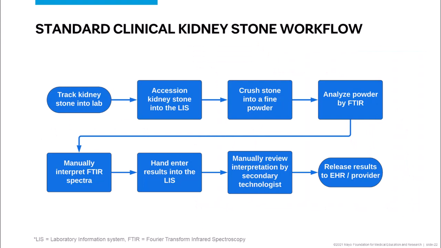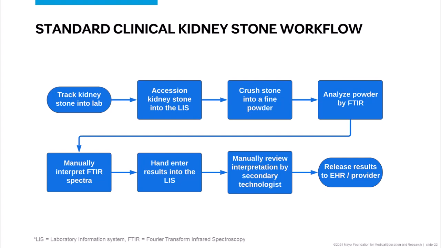So one thing I hope you're starting to realize is this entire process is very manual. From the tracking of the kidney stones into our lab, accessioning them into the LIS system, manually crushing each one. Remember, these are irretrievable samples that can be very small to very large. And so we're manually taking these, crushing these, analyzing that powder using Fourier transform infrared spectroscopy, manually looking at spectra.